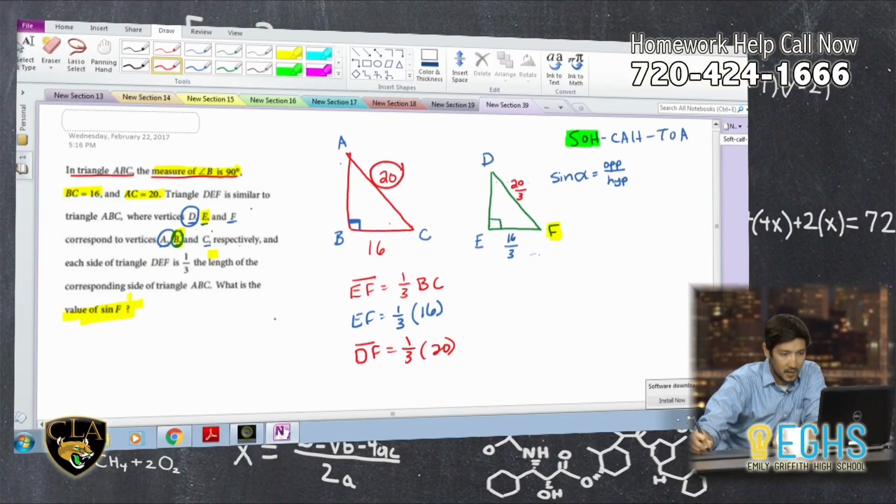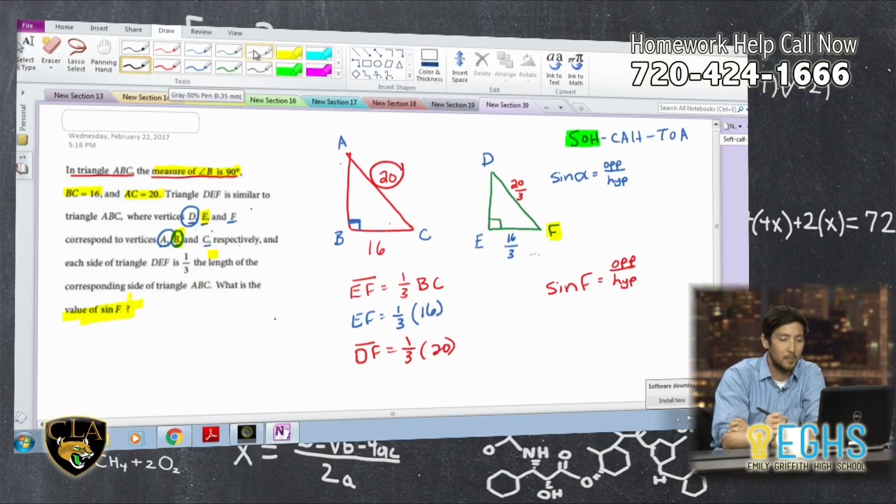So here's what we're looking for. We are looking for the sine of F. That's going to equal the opposite side over the hypotenuse. And this is something that a lot of students get mixed up. When we say opposite, we're referring to opposite of angle F, right? So we're actually talking about the side directly across from it.